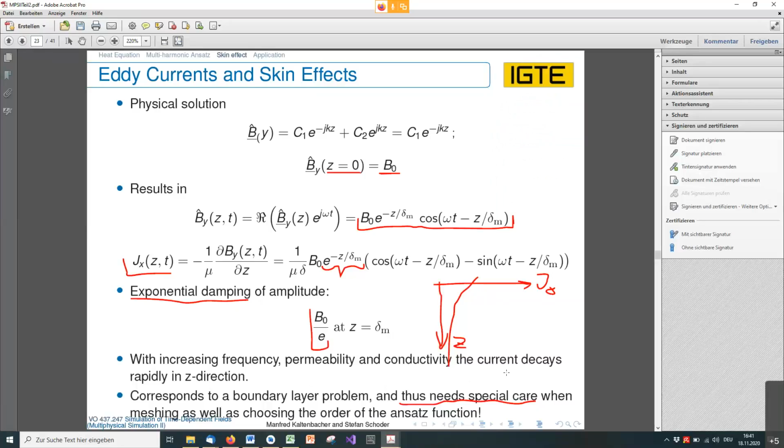Yeah, in the region where you expect the eddy currents and the penetration depth, of course you have to mesh finer. So I think Klaus told us a rule of thumb. If you have a penetration depth of 1 millimeter, one element should be 0.25 millimeters, so a fourth of the penetration depth. Okay, yeah, that's true.